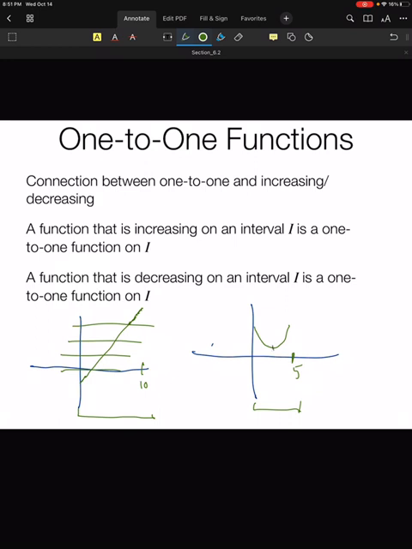Since it's not either increasing or decreasing the entire time, it doesn't pass the horizontal line test and hence isn't one-to-one. So if a function is increasing or decreasing the entire time on some interval, then it's one-to-one on the interval. That's a point that we won't dwell on for long, but it is important.